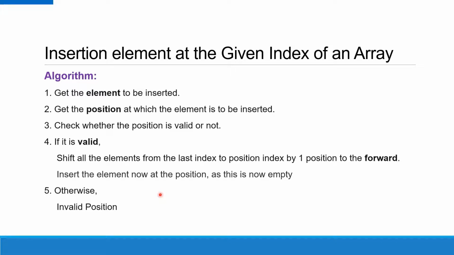We'll get an empty space at the position where we want to insert a new value. At that position, we can insert our element. Insert the element now at the position.